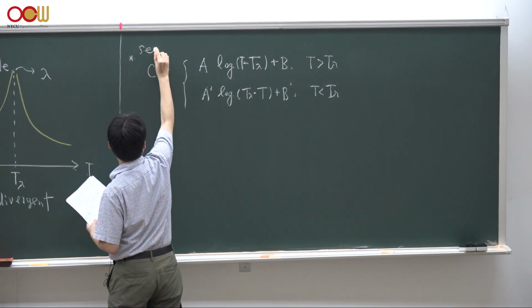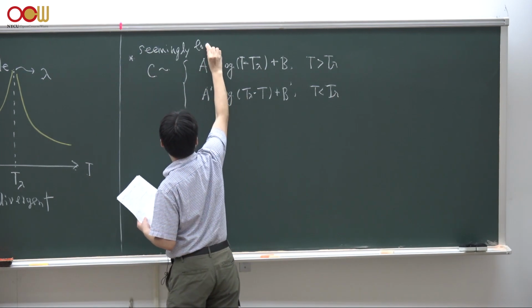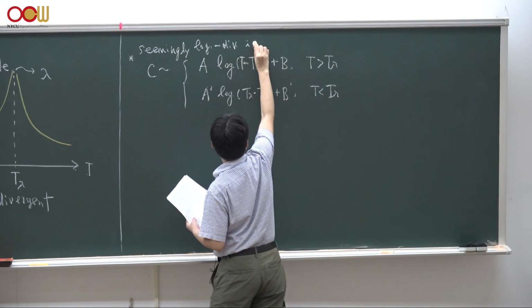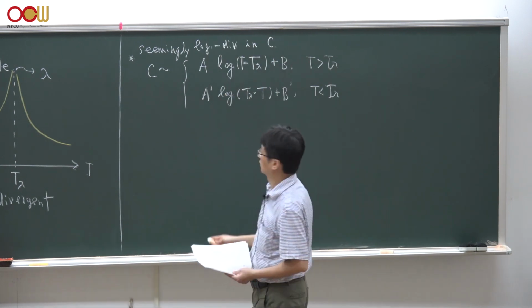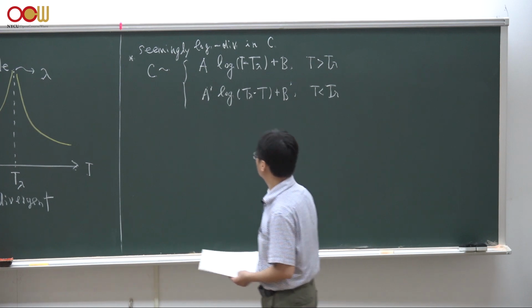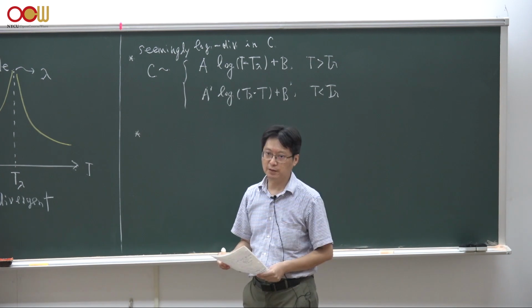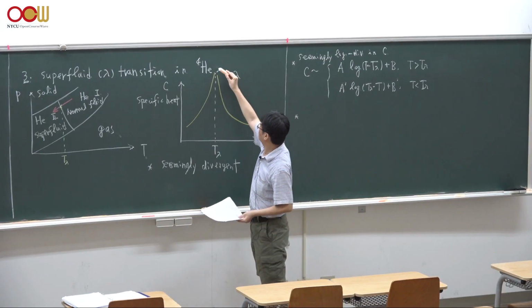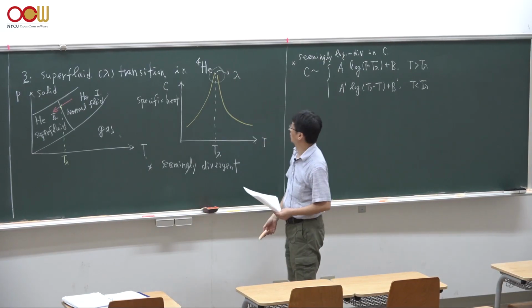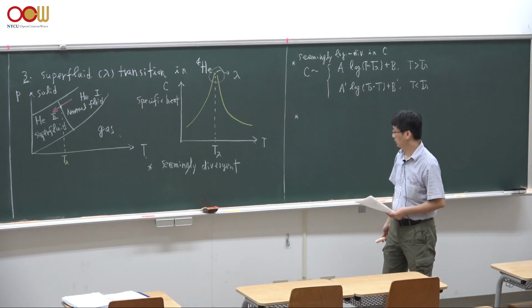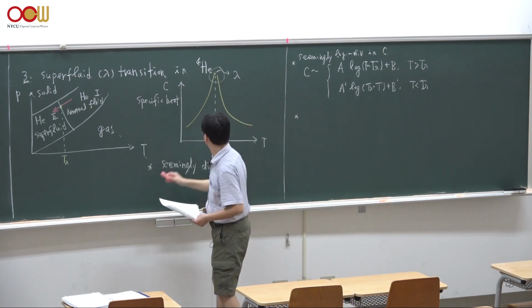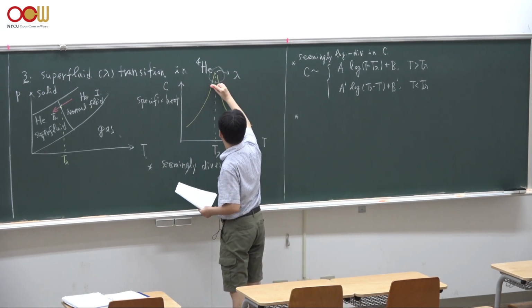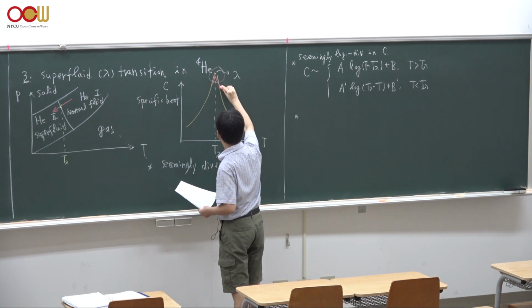This seemingly logarithmic divergence in specific heat goes like a log. However, as we know, experimentalists checked very carefully with high accuracy measurements near this lambda transition and found that this is not a log. Okay, this is really a cusp.